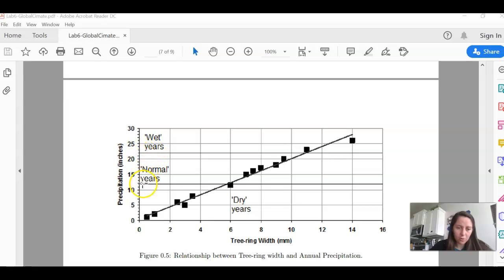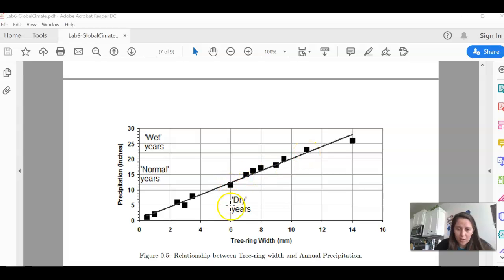Normal years would be where the tree ring width is somewhere between 6 and 11. So how am I doing that? You see that normal years would be in this range, wherever my line intersects the 2 lines that divide normal years from wet and dry years.